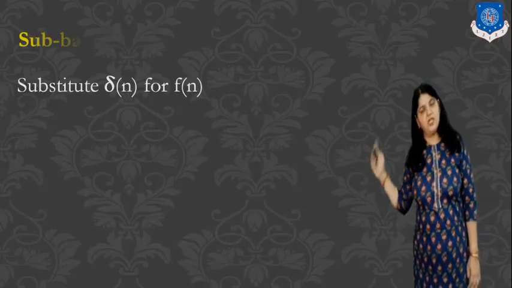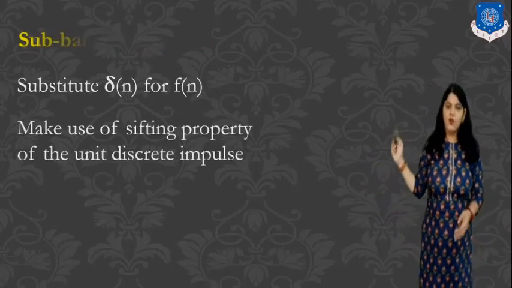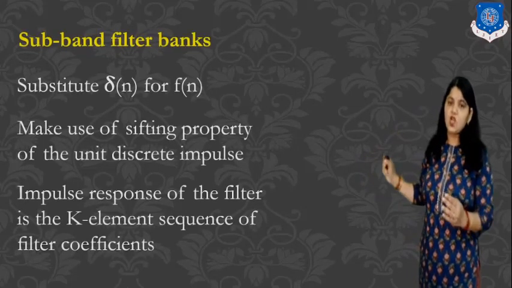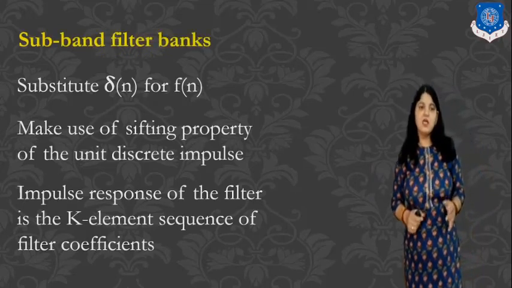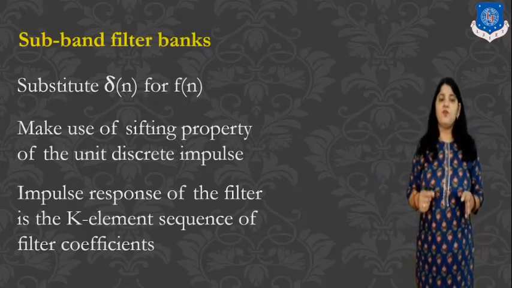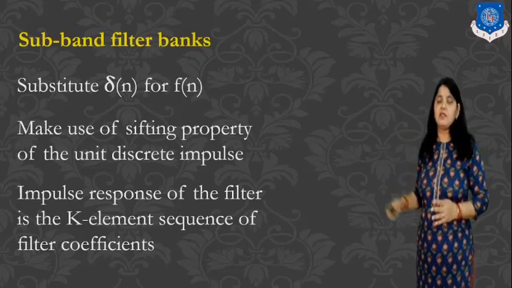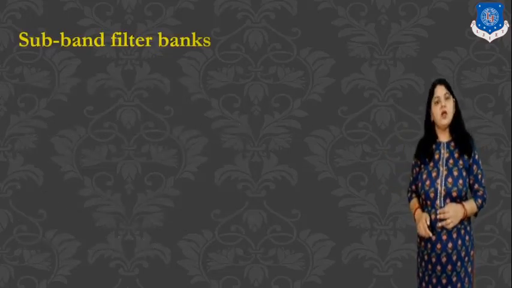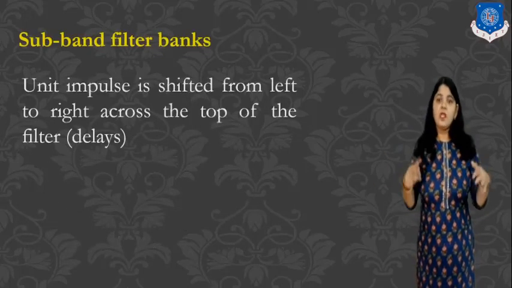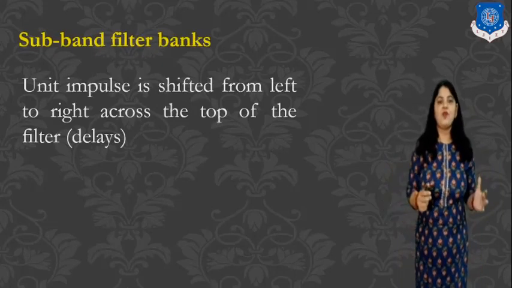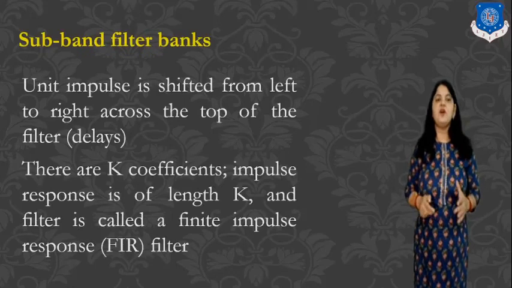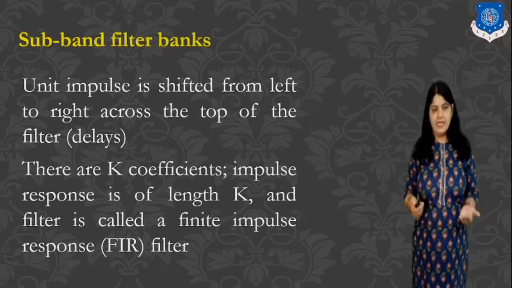So substituting the delta n value for the f(n) value makes use of the shifting property of the unit discrete impulse, and the impulse response of the filter is the k element sequence of the filter coefficients. So the unit impulse is shifted from left to right across the top of the filter of delays.